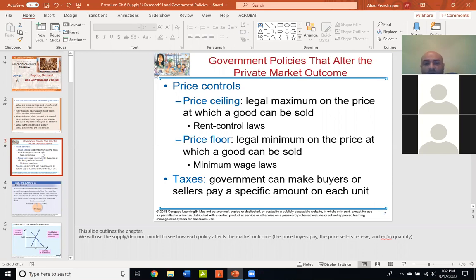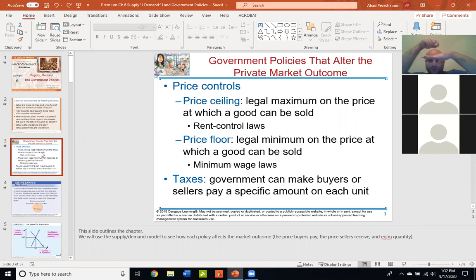Price control has two parts. Price ceiling is the legal maximum on the price at which a good can be sold. Let's assume I am the king of some country, and I introduce a price ceiling. That means people in this country can trade, but the price of the good I put a ceiling on cannot go above a certain threshold.